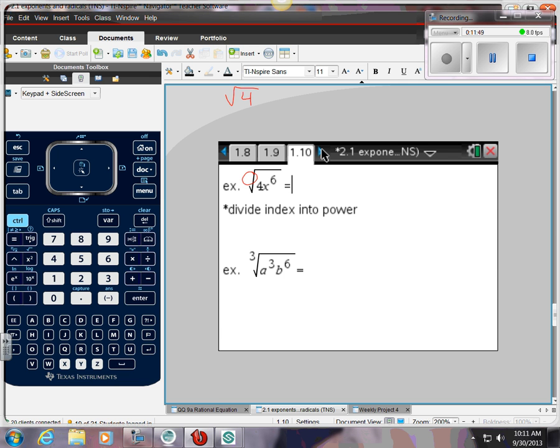Tell me what the square root of 4 is equal to. Why is it equal to 2? Yeah, 2 times 2 gives me 4. It's what we multiply by itself to get the radicand, right? So how many equal factors did I have to break it up into? 2. What's my index? 2.